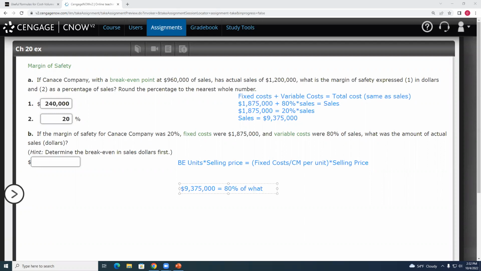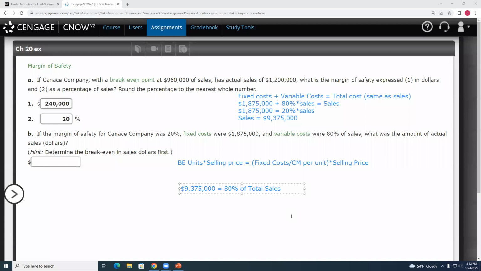If we have a 20% margin of safety, that means our break-even point is 20% less than our total sales.